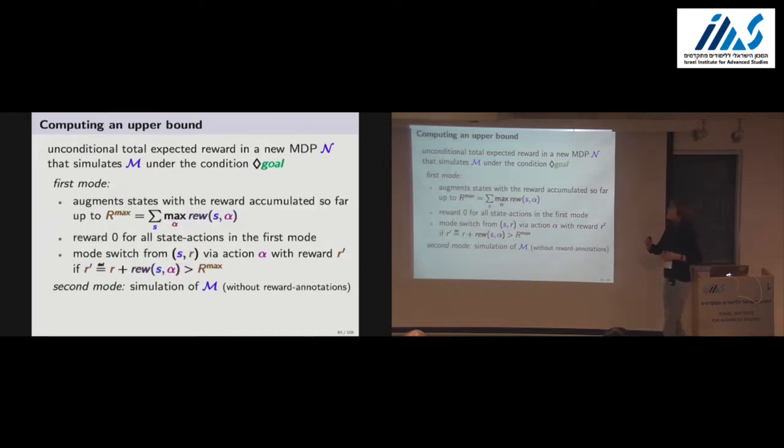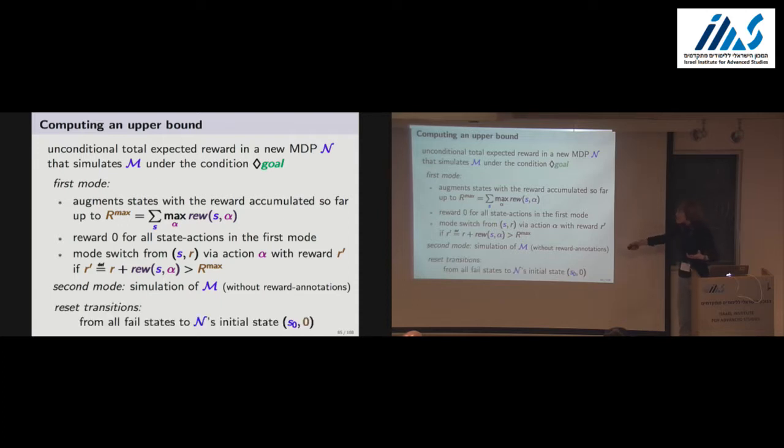So what we do is we apply this reset technique in the end, but we refine the model M a little bit. We have the first mode where we simply attach the reward that has been accumulated so far, and we do this up to some bound, namely this one.